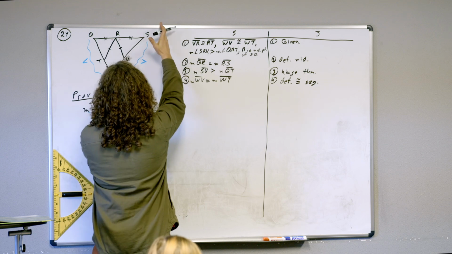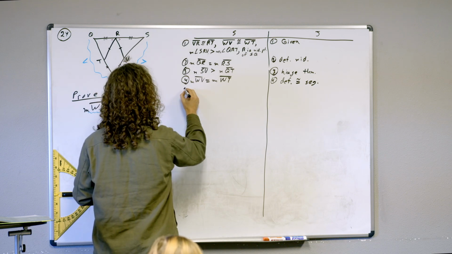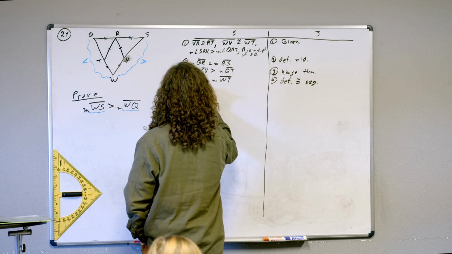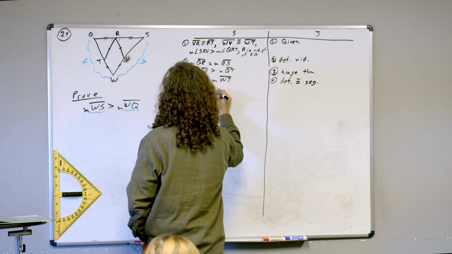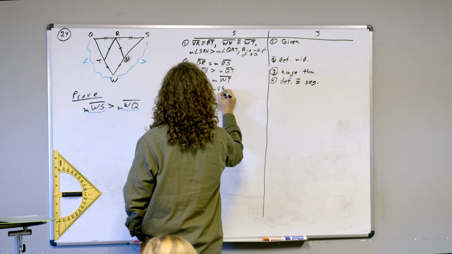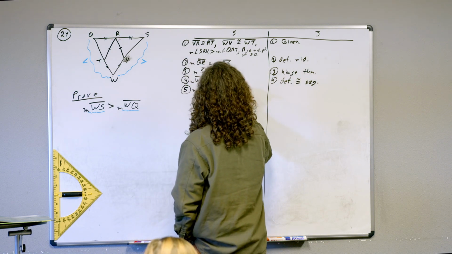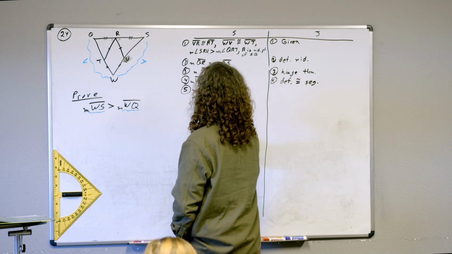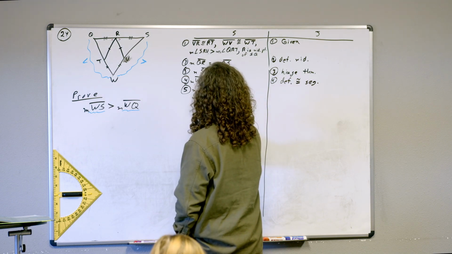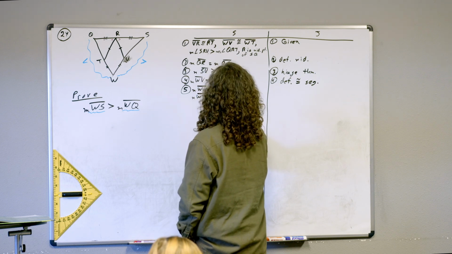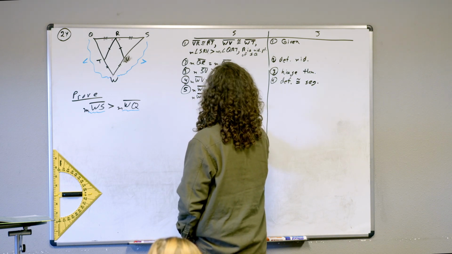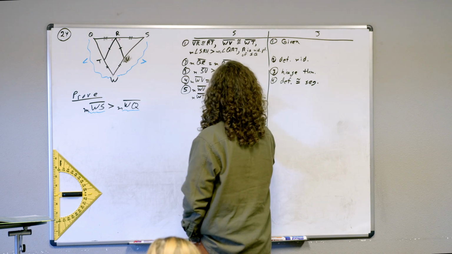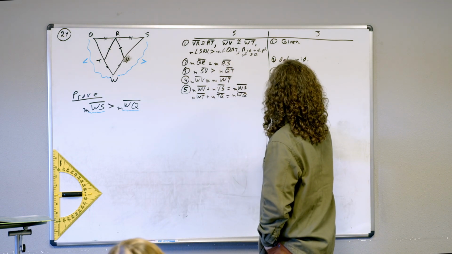So this plus this equals that, right? And we'll do the other side too, in the same thing. So the measure of WV plus the measure of VS equals the measure of WS, and the measure of WT plus the measure of TQ equals the measure of WQ, because of segment addition.